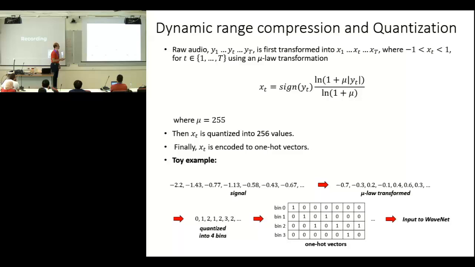This mu-law transformation does dynamic range compression. If you plot the distribution of the signal as it is, most of the samples are around 0, so the histogram is very highly peaked around 0.